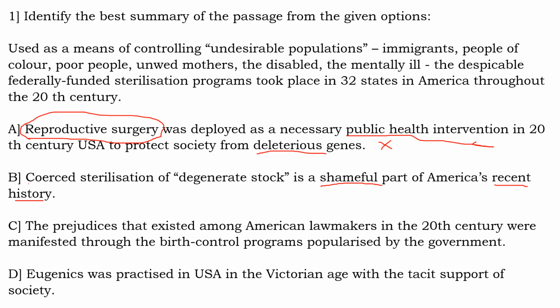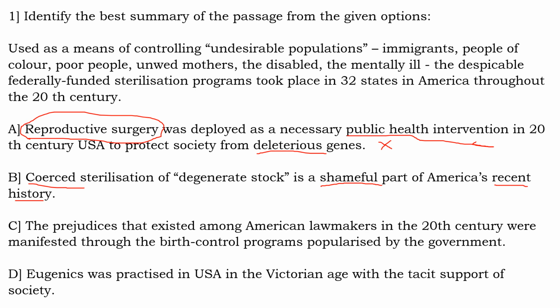One more problem: coerced sterilization. What is coerced? Forced. So is the passage saying that this sterilization was done forcefully on the people? It only says that it was a government-funded program. It was something bad, but whether it was done forcefully, we don't know.